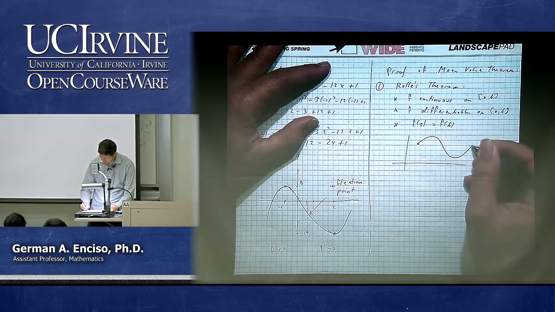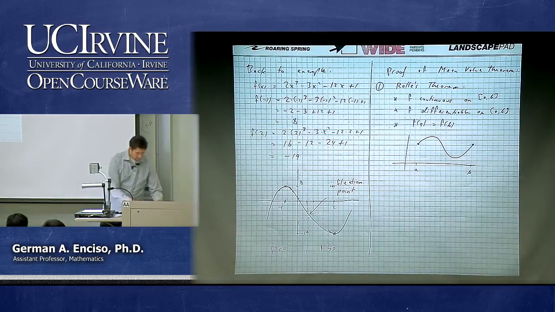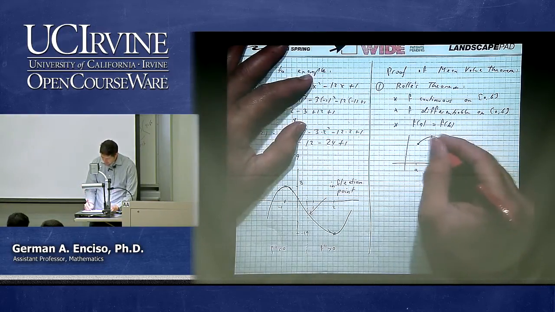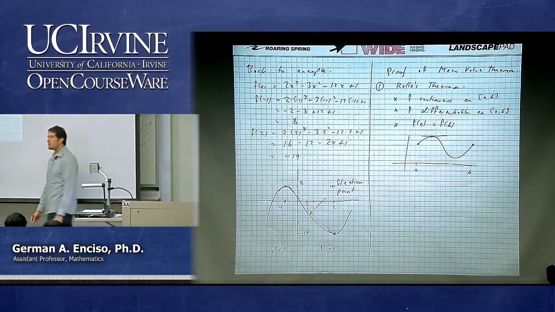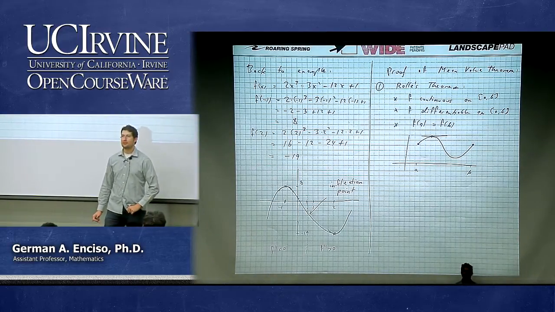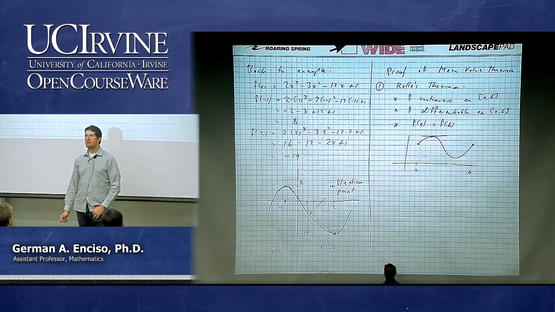I don't know what it does, but it goes back to the same height as it started. Then there has to be a point somewhere where the derivative is equal to 0. Now, do you see any resemblance between this statement and the mean value theorem? What was the mean value theorem again? It was a lot like that.